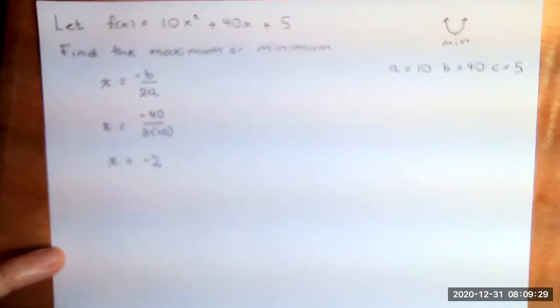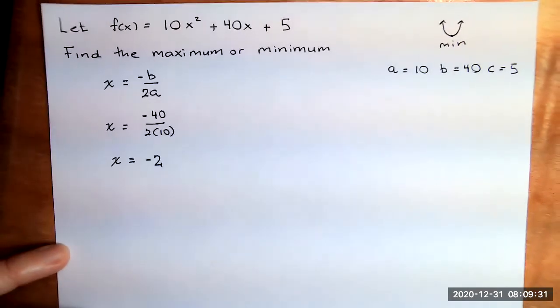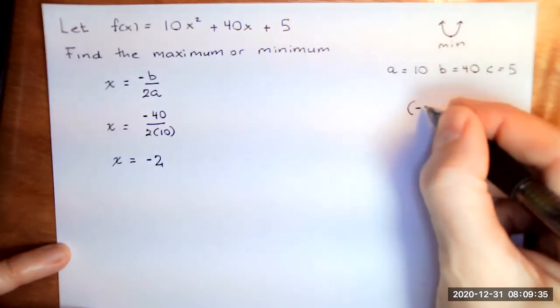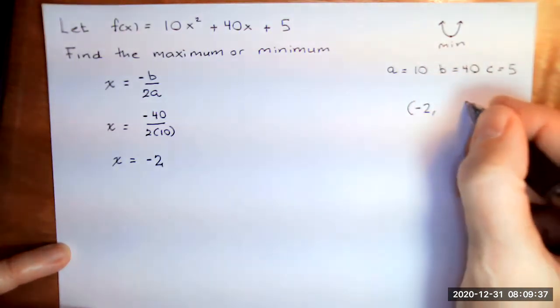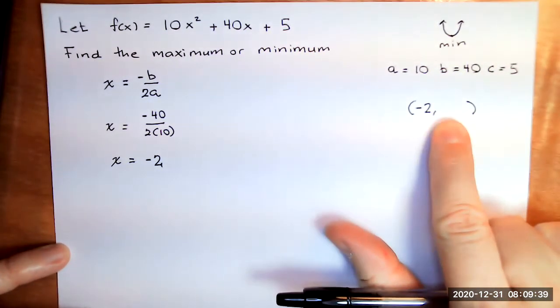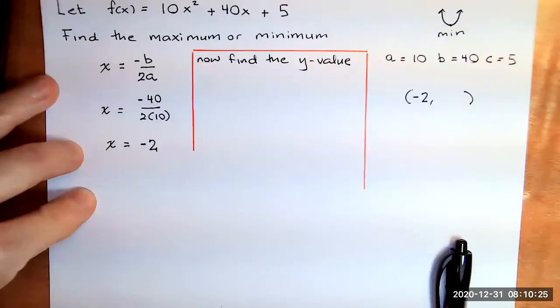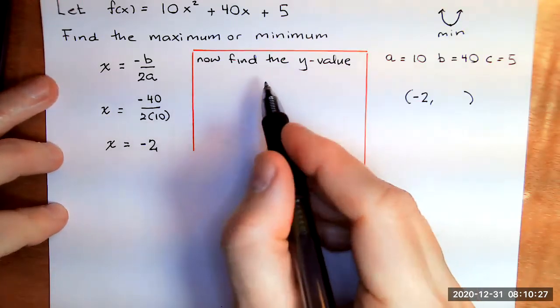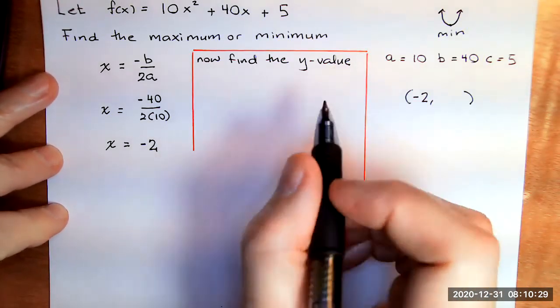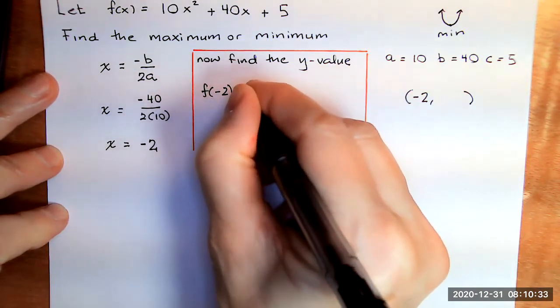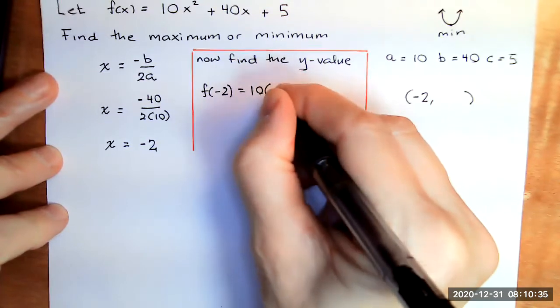But at this point, we're halfway done because the minimum is going to be an ordered pair. So we need to find the y value. So to find the y value, all we have to do is plug in negative 2.